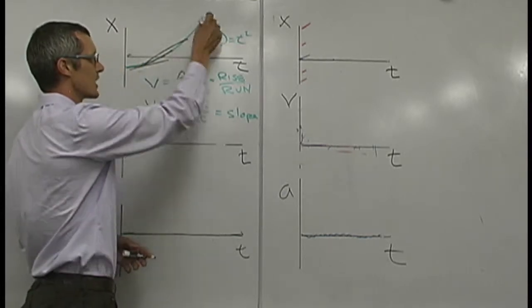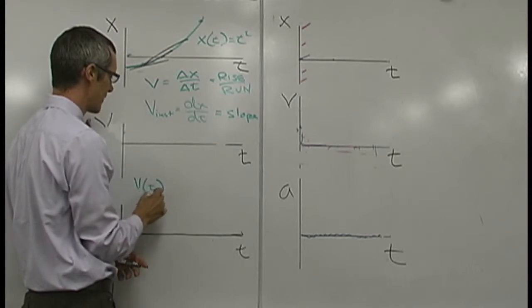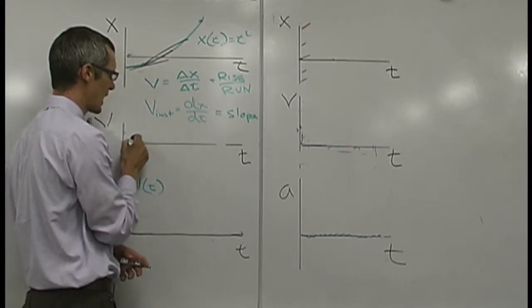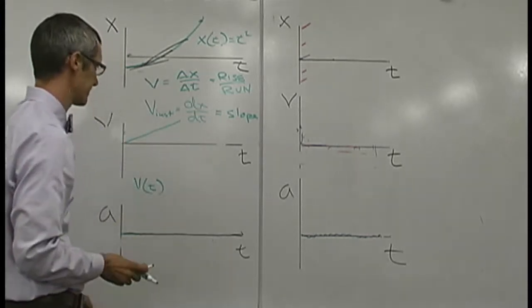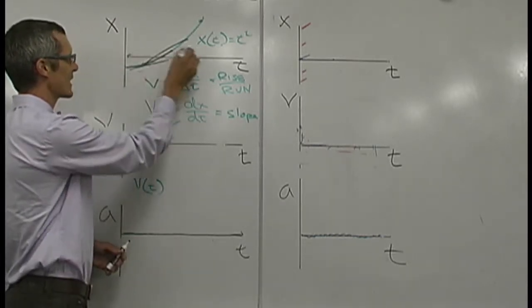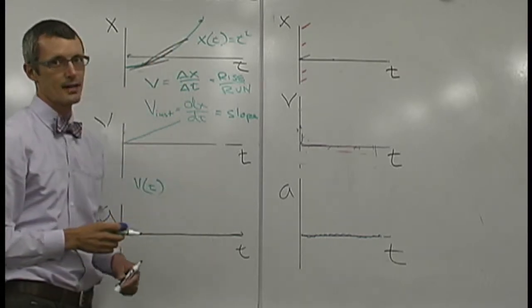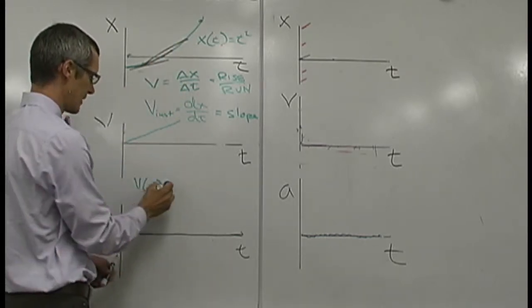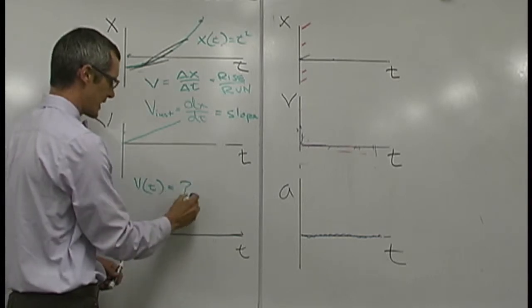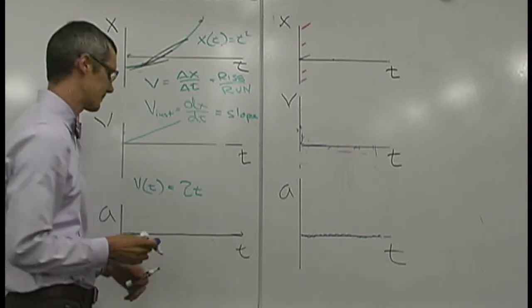If this is the function that I've drawn here, then the velocity with respect to time function will actually be a straight line going up and to the right. That is to say that as time progresses along here, the slope of this curve increases at a very steady rate. In fact, v of t will equal, in this case, 2t. And we'll get into the algebra in a moment.